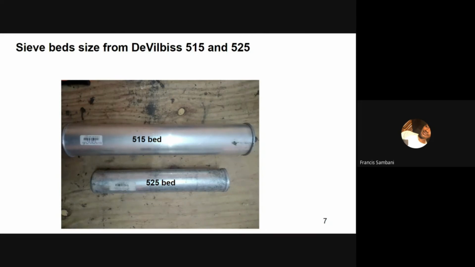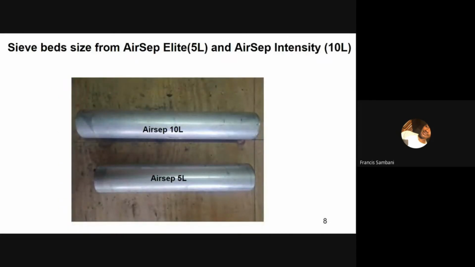A good example to look at is the AirSep Elite, which is a 5 liter model, and the AirSep Intensity, which is a 10 liter model. In the AirSep Elite, the 5 liter model, you can find the Thomas 2669 compressor in there.